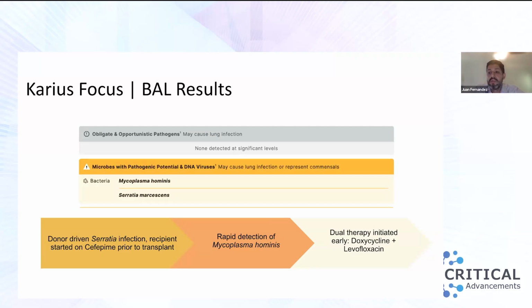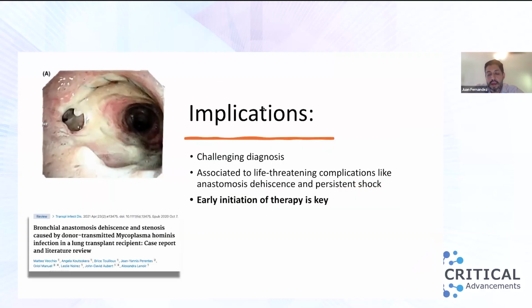These pathogens can potentially be detected with broad range PCR as well, but we were already struggling with the timing of the results coming back, which was a big upgrade after we moved to Karius Focus BAL testing. You can understand the implications of not only testing, but detecting and treating early these potentially life-threatening infections, because particular pathogens are linked with worse outcomes post-transplantation.